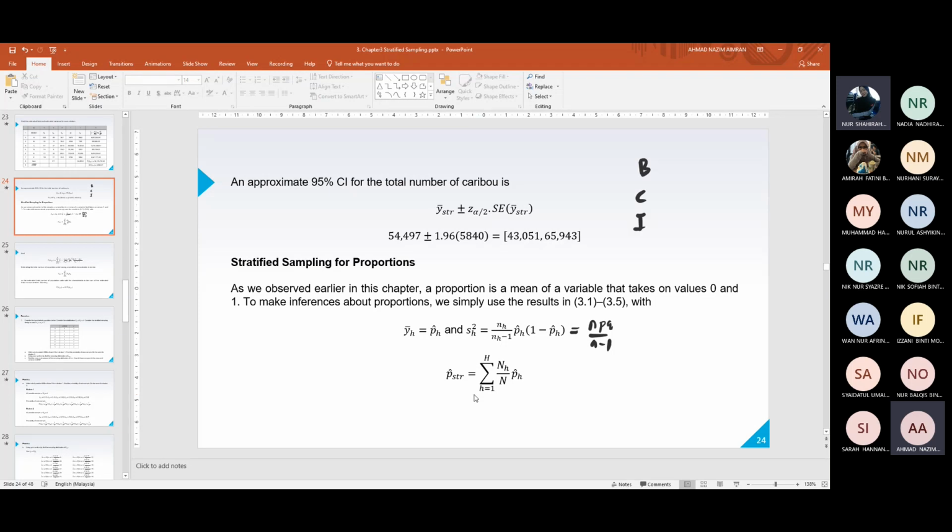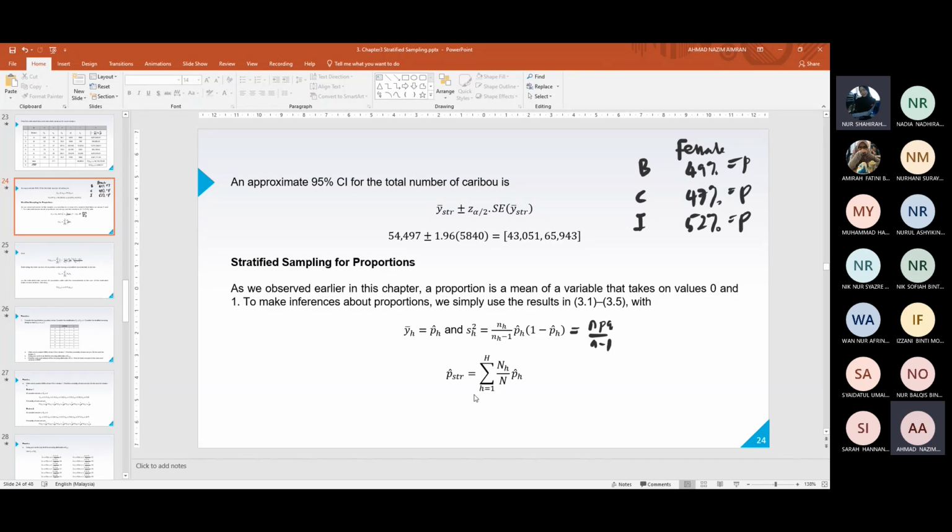So in your population of interest, we know that the proportion of female is for Bumiputra, let's say 49%, for Chinese 47%, and for Indian 52%. So you can use this value as your P value. Okay, this is your P value. You need to convert 49% to 0.49 lah.